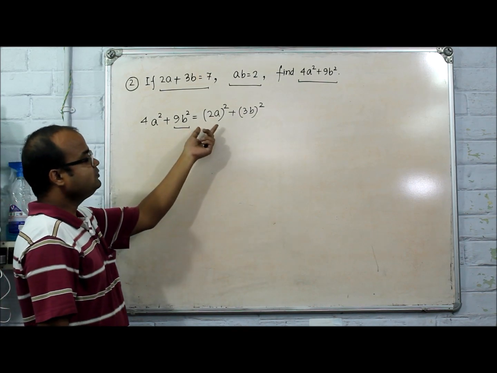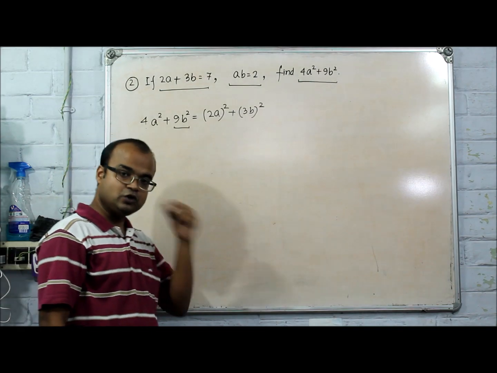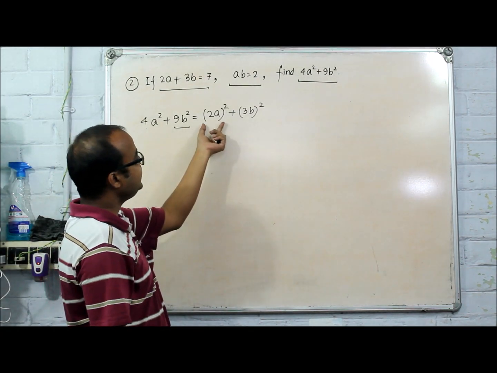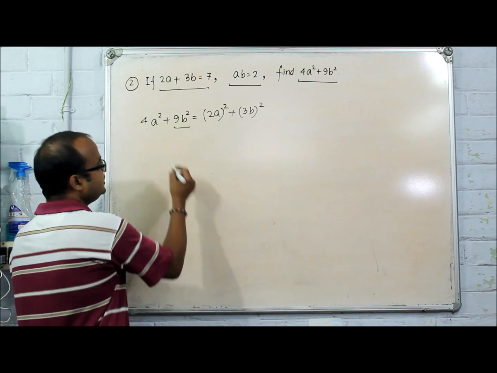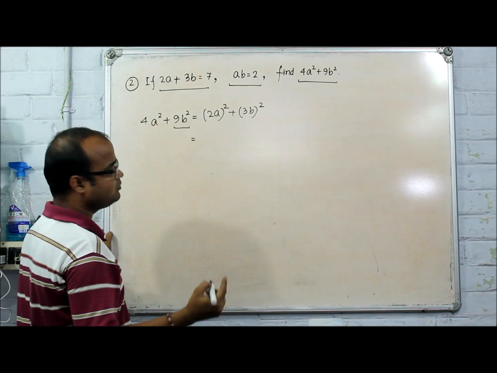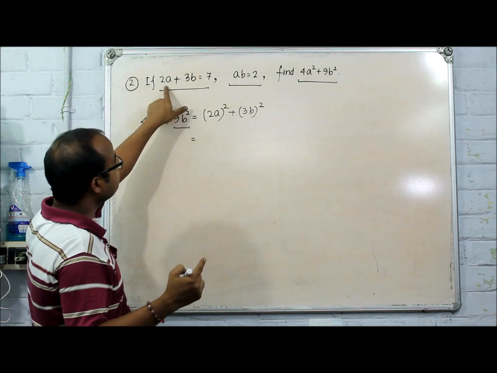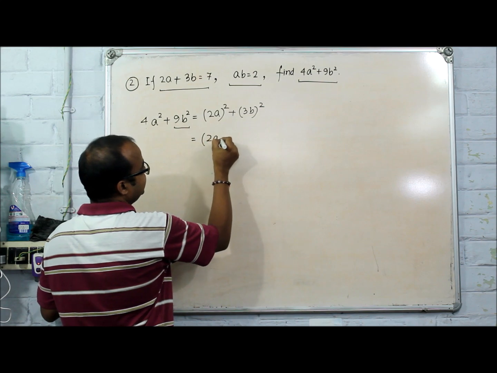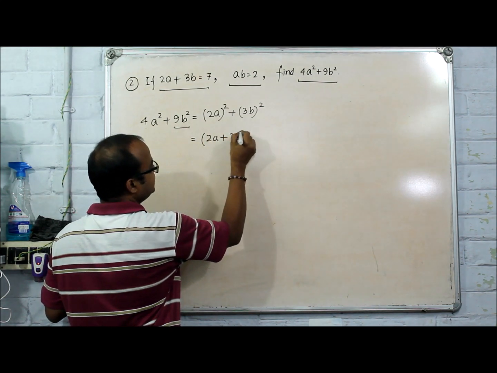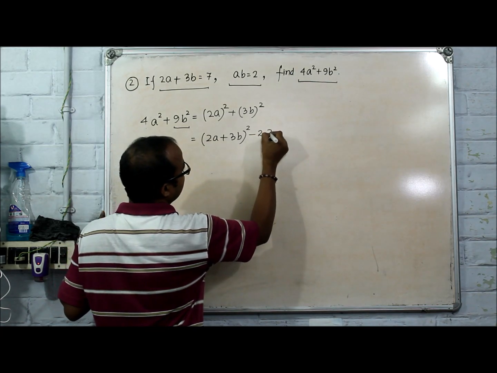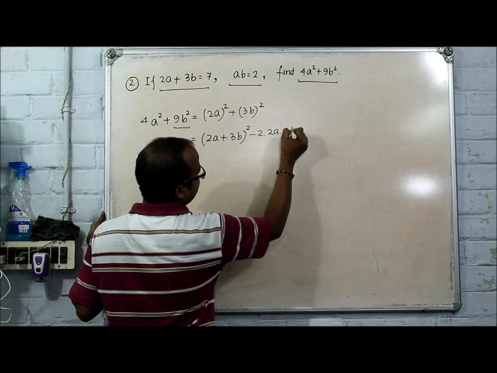So now first I am going to solve this problem using the formula of a square plus b square. Now, a square plus b square formula, in terms of a plus b, is a plus b whole square minus 2 into a into b.